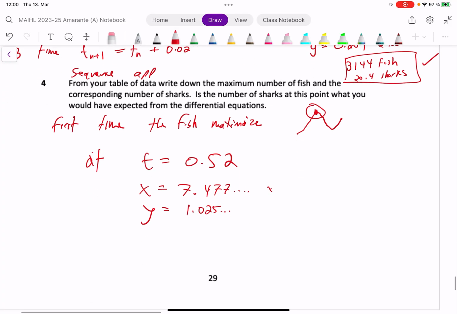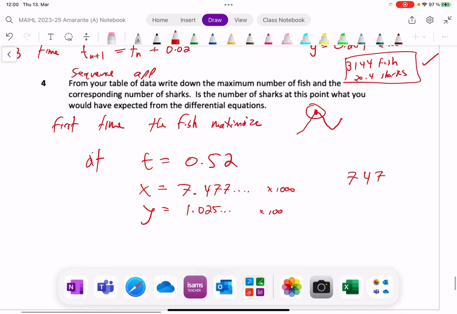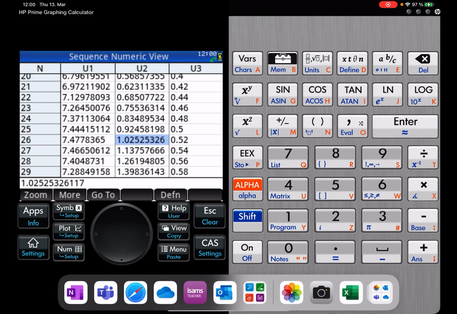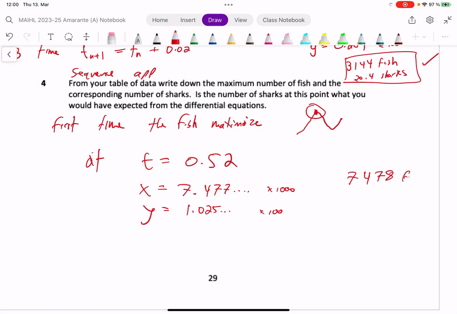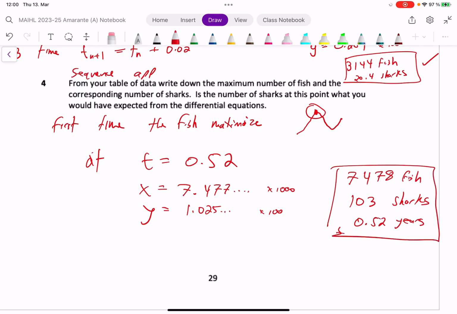Right, but remember, to get this, it's times 1,000, and this is times 100. So there are 7,478 fish, I have to look at what that rounds to. There are 103 sharks, and that happens after 0.52 years. Right, so after that amount of time, we reach this first maximum.